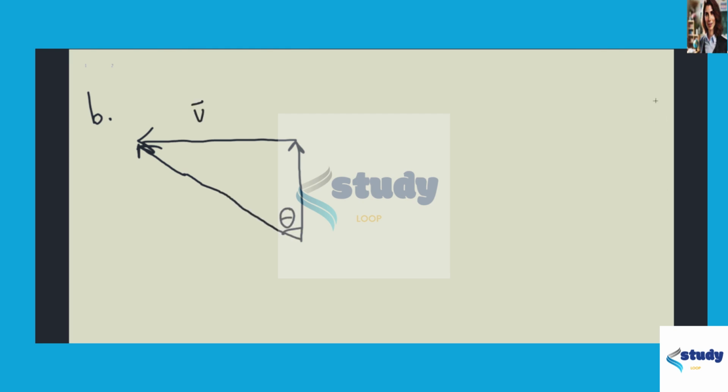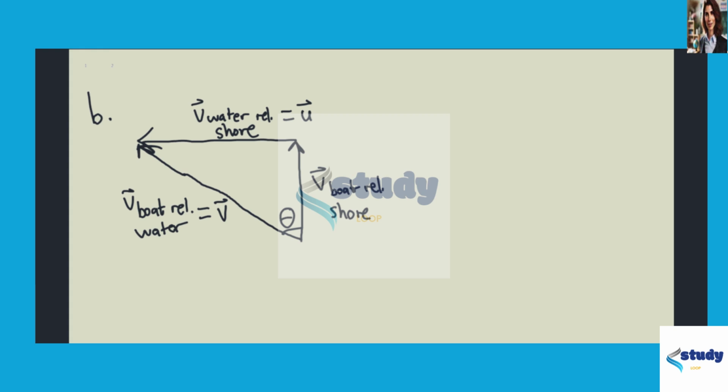And up here would be the velocity of the water relative to the shore. This is equaling vector u. And then here, this would be the velocity of the boat relative to the shore. And this would be the velocity of the boat relative to the water. This is equaling vector v.